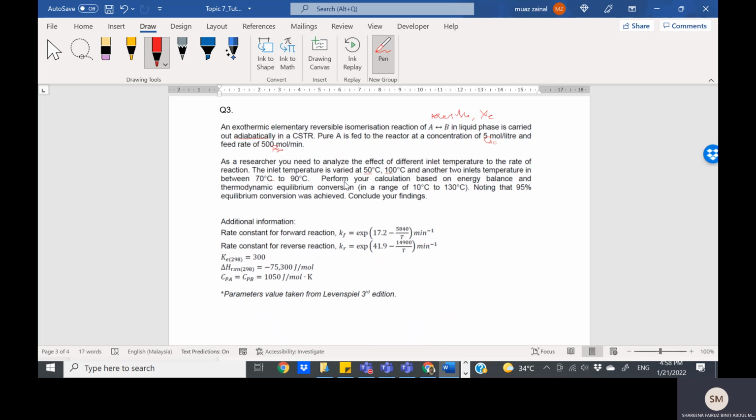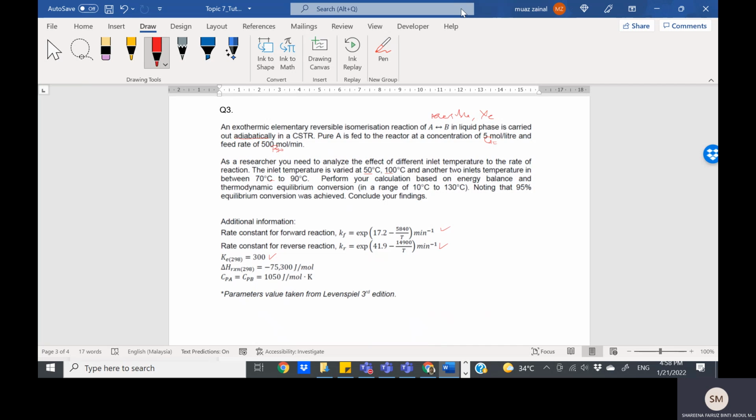Perform your calculation based on energy balance and thermodynamic equilibrium conversion in a range of 10 to 130 degrees Celsius, noting that 95% equilibrium conversion must be achieved. It is given the kf for forward and k reverse, and also K equilibrium, which is equal to 300, and delta HRXN at the T reference, and also CPA is equal to CPB.